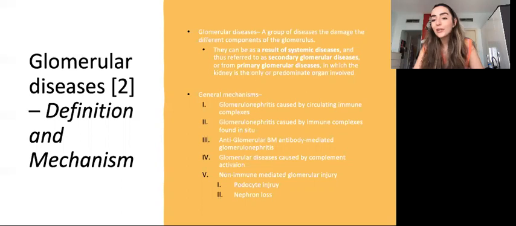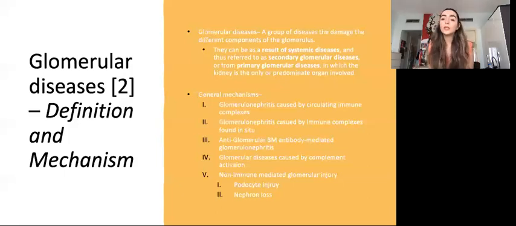So over here, you have deposition of autoantibodies directed against protein components of the glomerular basement membrane itself. Here you see a linear pattern in immunofluorescence microscopy. Then we have glomerular diseases caused by complement activation. Unregulated activation of the complement pathway occurs, and this results in complement-mediated injury.